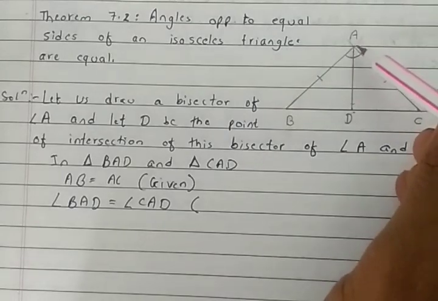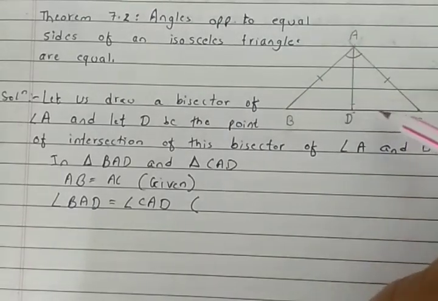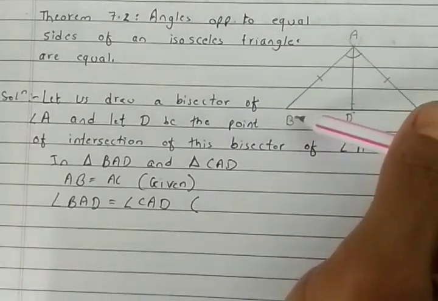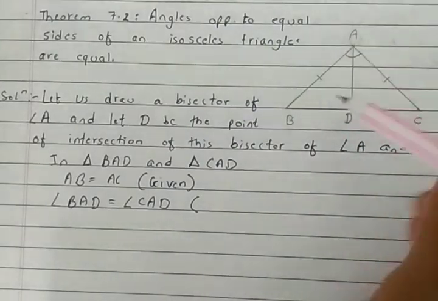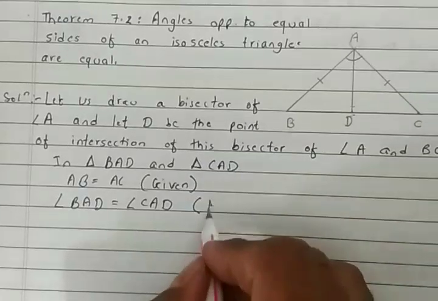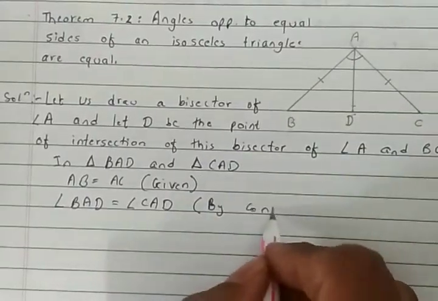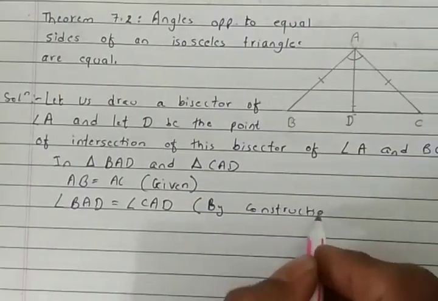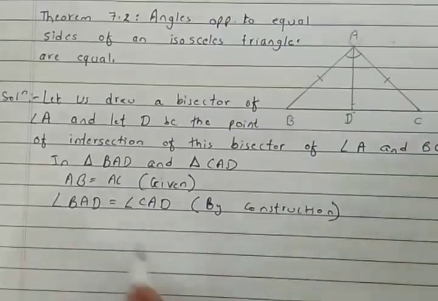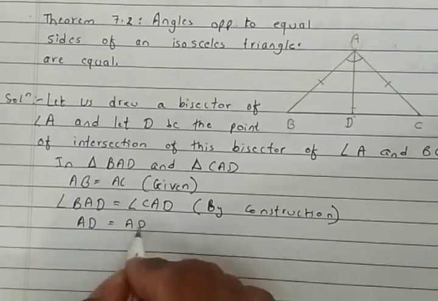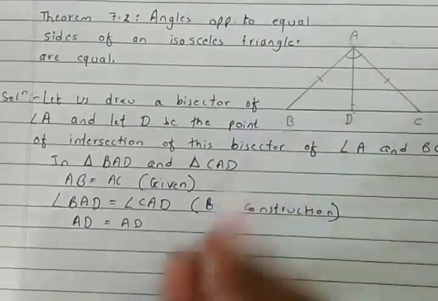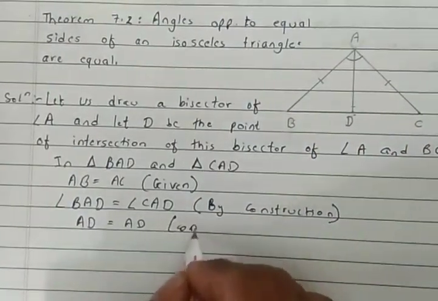Because we have drawn one perpendicular bisector AD which is meeting BC line. So these angles BAD and CAD will be equal. So you can write this by construction. Now AD will be common for both these triangles.